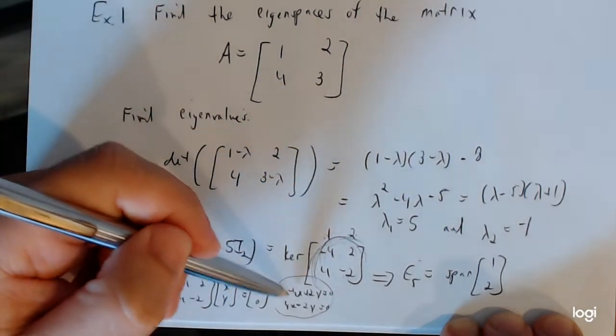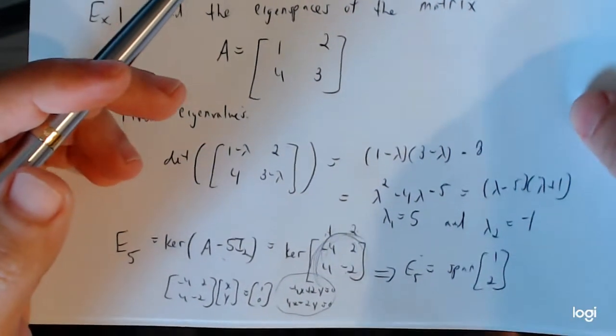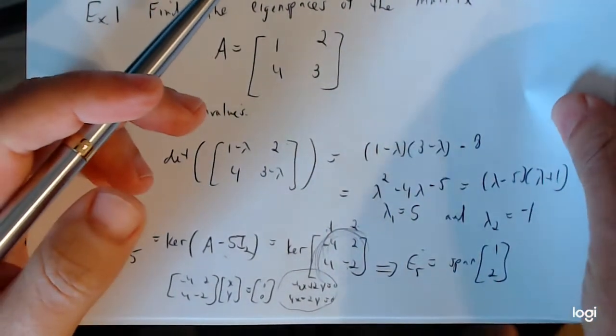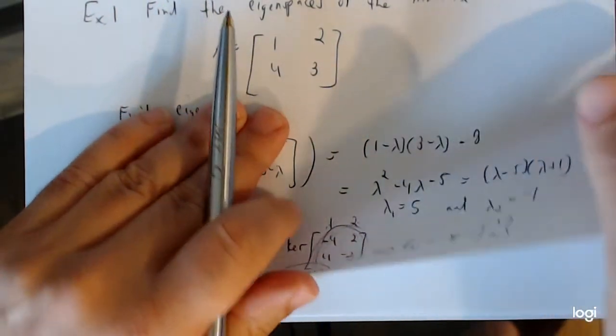Okay, so what we notice here is, now we would say that we need to move on and find the next eigenspace.